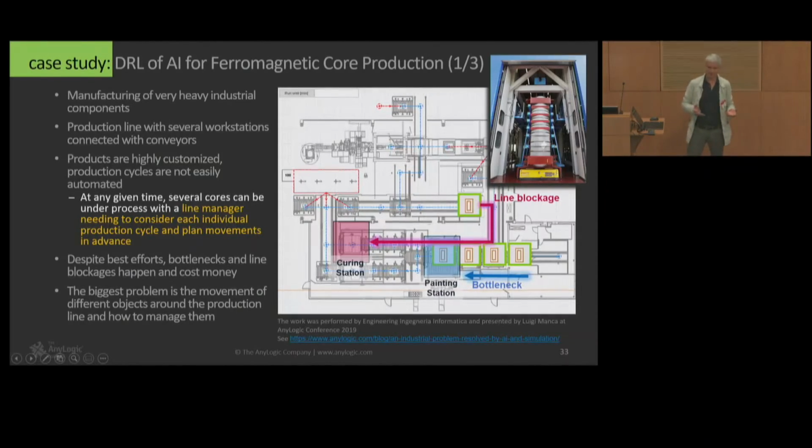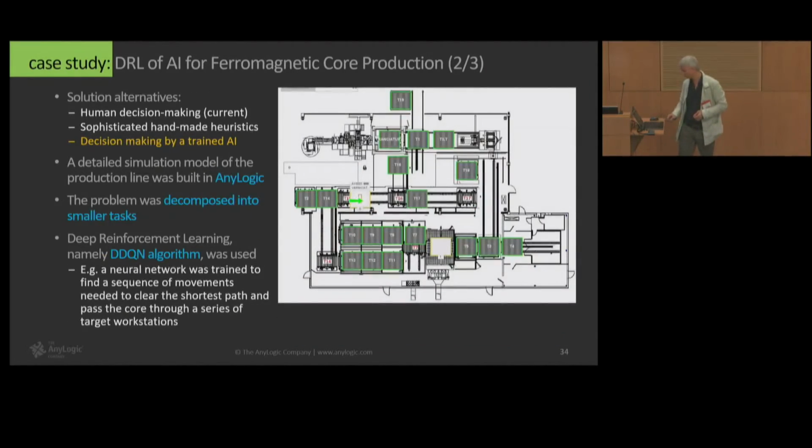Currently, this floor is managed by an experienced human, and the engineering company decided to use not even heuristics, but to go to AI. So what they did, they trained an ensemble of algorithms using a simulation model for doing primitive sub-jobs.